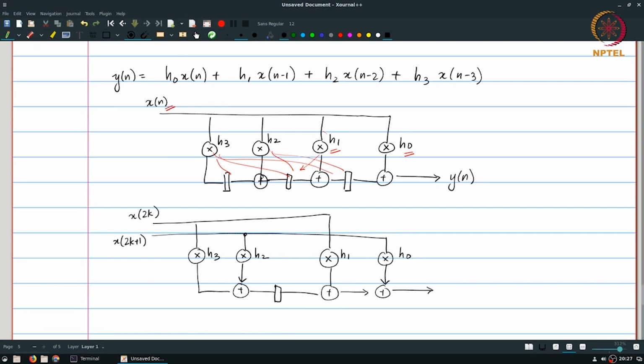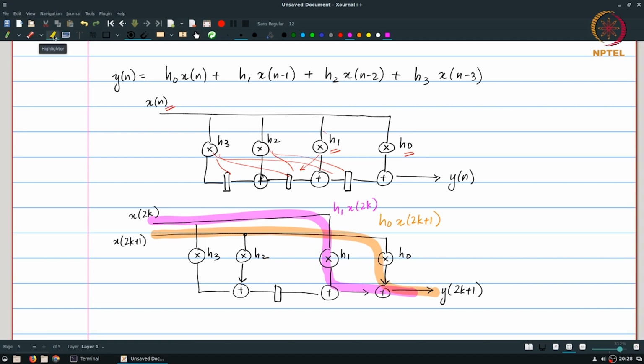So, if you are wondering how this architecture comes up, this of course corresponds only to the output y of 2k plus 1. Let's try and figure out how that happened. Let's take a look at this particular path that we have over here, which tells us that what we have is h0 into x of 2k plus 1. The next path that we have, this one over here, corresponds to h1 x of 2k.